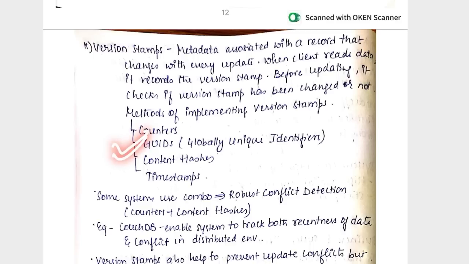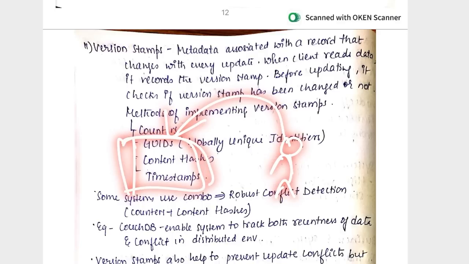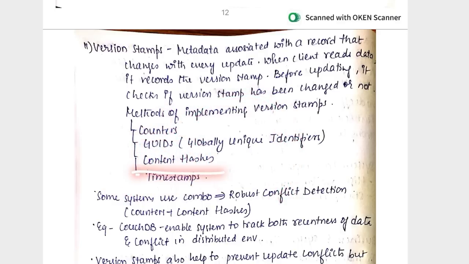Next we have GUIDs, that is, globally unique identifiers. Globally unique identifiers are large random numbers that will uniquely identify a particular resource or data. This will ensure that there are no duplicate version stamps, and they can't be easily understood by a third person. Okay, next we have content hashes.